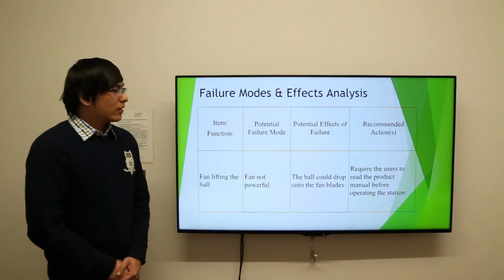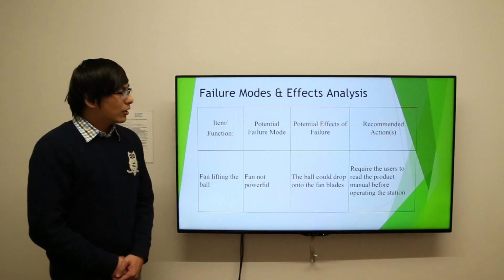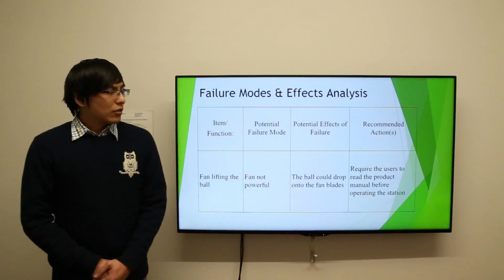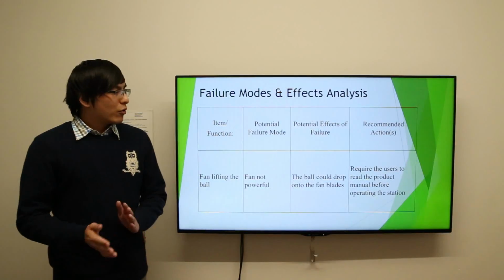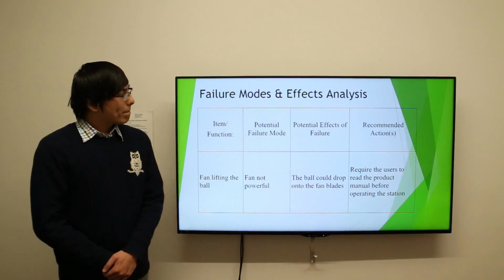Our solution is to give the users an owner manual and require them to read it before they operate our station, so that they know the proper range in which they can modify our fan speed.